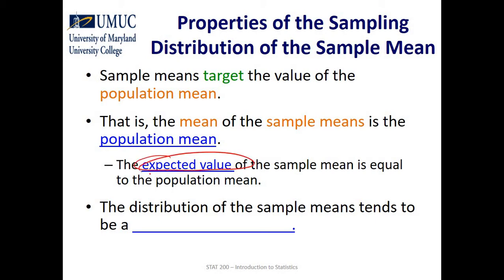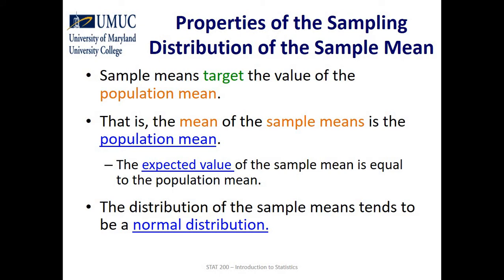The expected value, remember, E, is equal to the summation of x times the probability of x. That's one way to do it. So the expected value of the sample mean is equal to the population mean. We will apply that in just a little bit as well. Okay, the distribution of the sample mean tends to be a normal distribution. That's important. We're going to look at an example of this in just a minute.